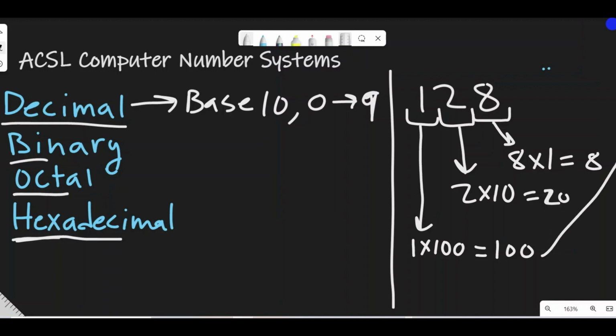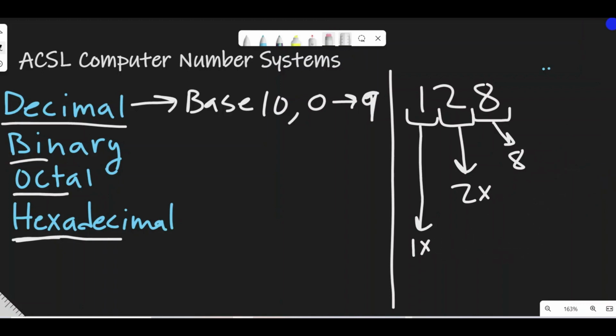However, in the base system, or how we're trying to think about it here, we can actually go a step further. So we can see that each of the multipliers here is increasing by a factor of 10. So we can express this exponentially. Instead of saying 8 times 1 or 2 times 10, we can say 8 times 10 to the power of 0. You can see we use the base 10 since we increase it by a factor of 10 each place, and we can put the exponent as the index at which that value is.